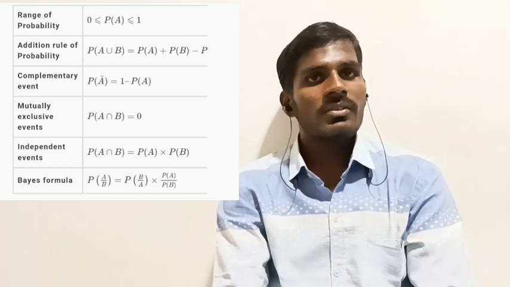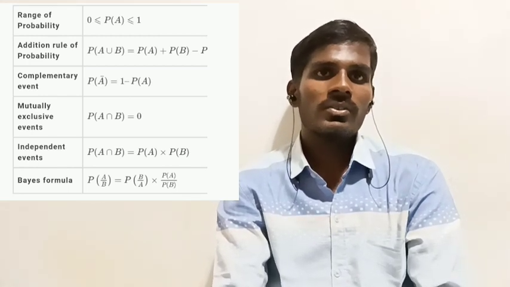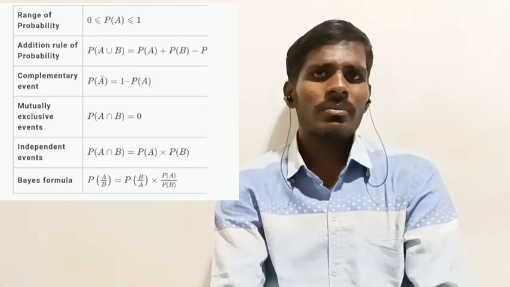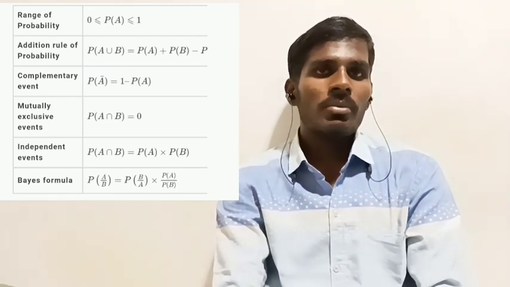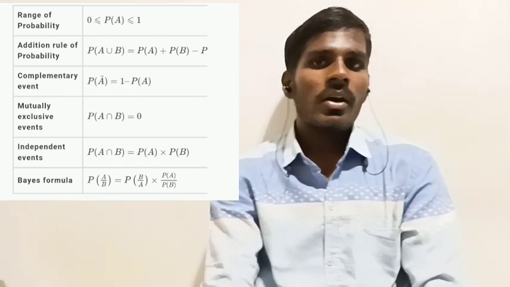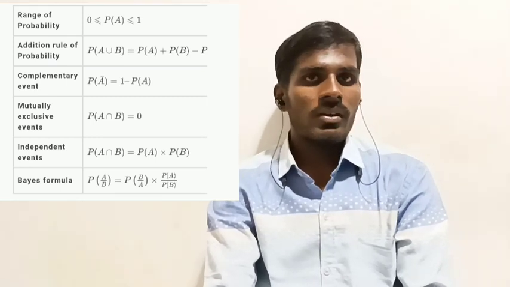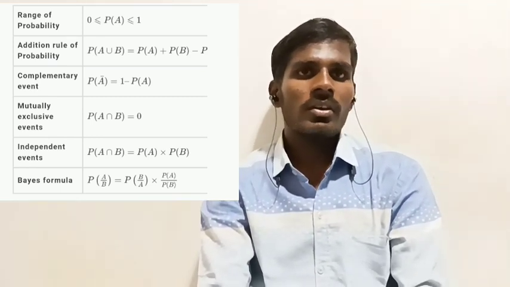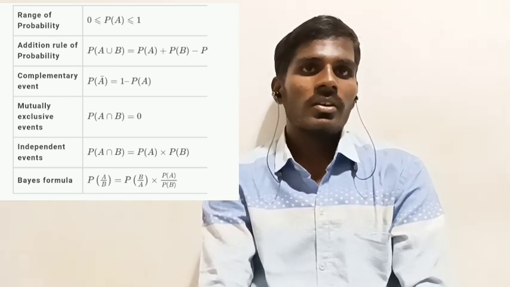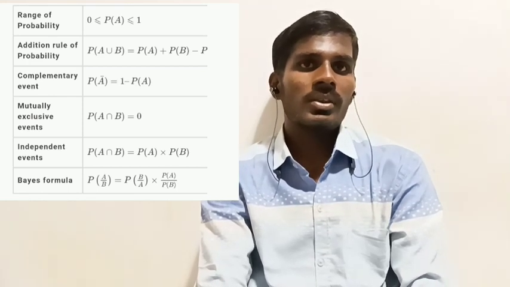Impossible events cannot happen in our lives, so the probability of an impossible event is generally 0. For example, the probability of going to death is 0. Mutually exclusive events: in coins, the probability of getting heads plus the probability of getting tails is equal to 1, where P of A plus P of B is equal to 1.